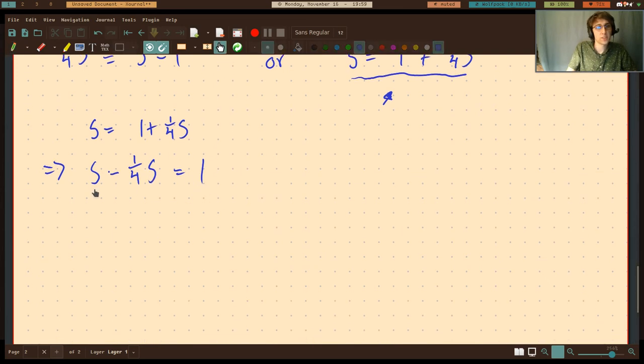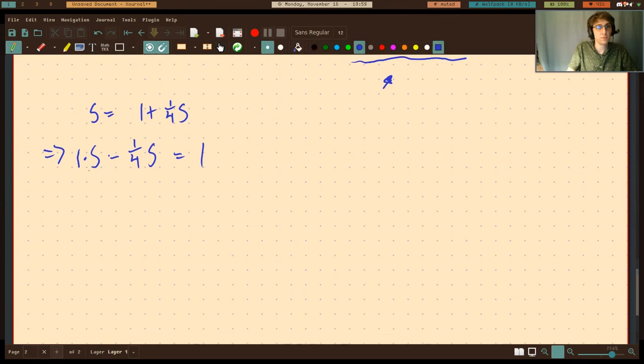And S minus a quarter S is 3/4 S. There's like a ghost implied 1 here. Or you can factor an S out of 1 and 1/4 and get 3/4. Either way, you get 3/4 S equals 1. Therefore S equals 4/3. There we go.